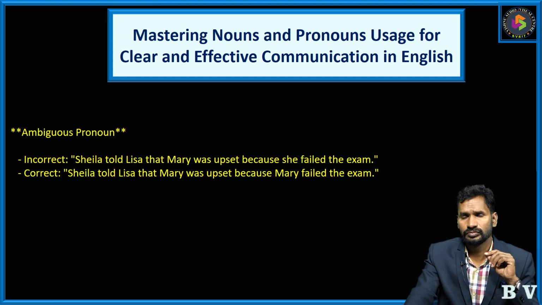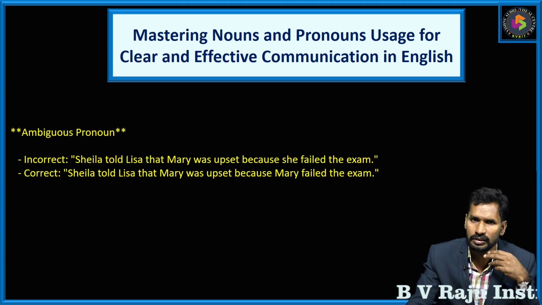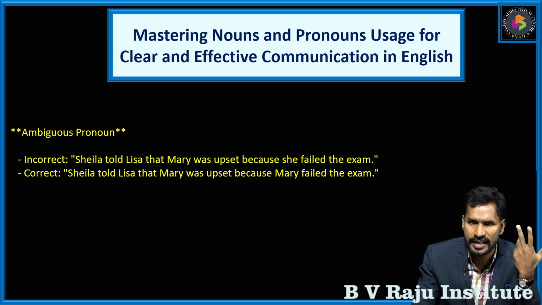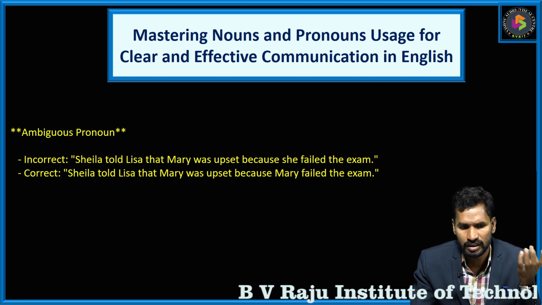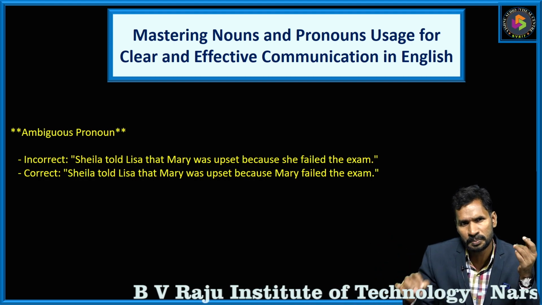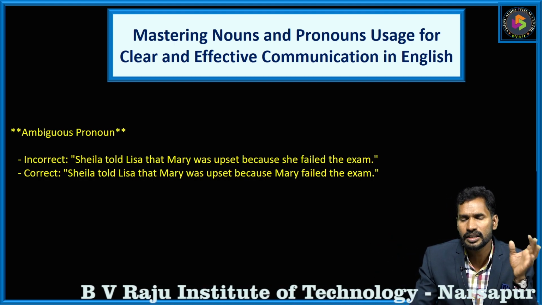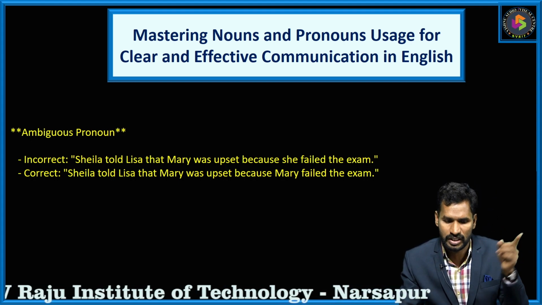Ambiguous. So confusion. It gives more than one antecedent. If you are using too many nouns and trying to connect with one pronoun, it would be quite difficult to connect which noun we are referring to.